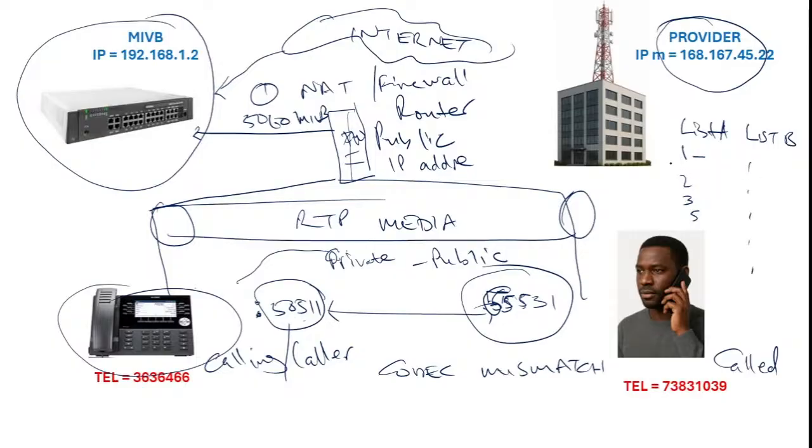Then they are going to find which codecs they have in common, and from those codecs that they have in common, they are going to agree on which codec they are going to use for each call. Each call goes through the same process. When they agree on a codec, then they will talk. We can only have a codec mismatch if list A and list B don't have any codecs in common.